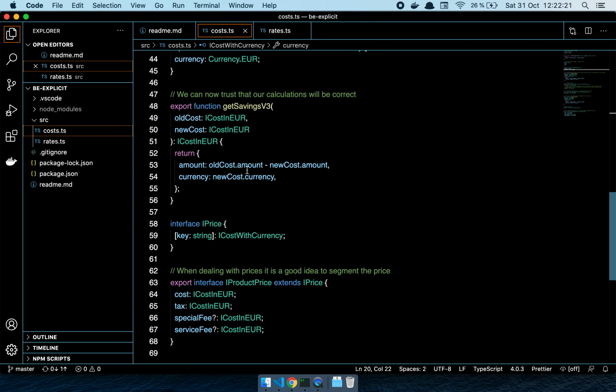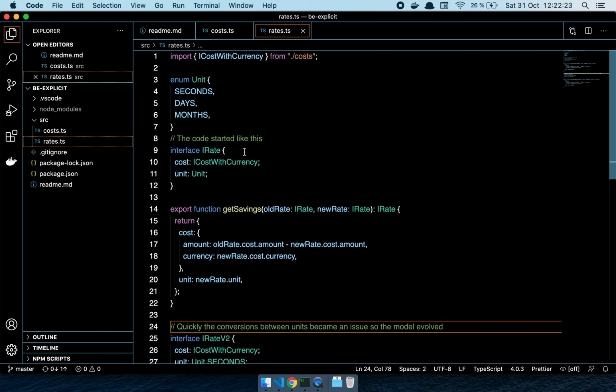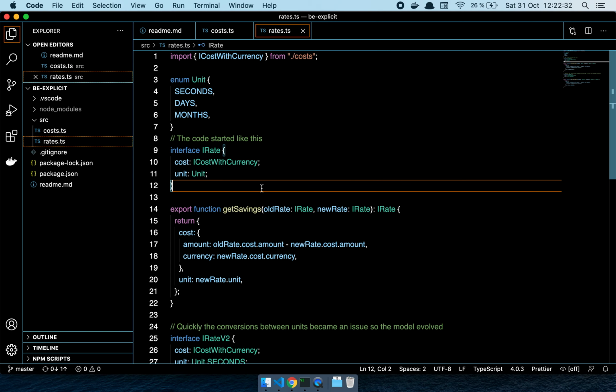And what's interesting was that the person who implemented the rate system had this idea that, depending on what's most natural for our customer, we'd implement different types of rates.